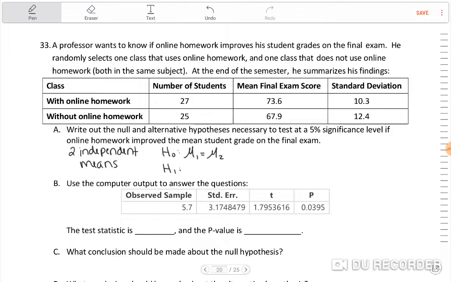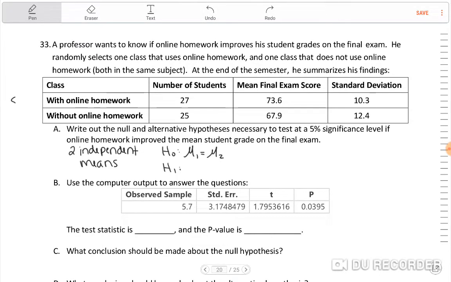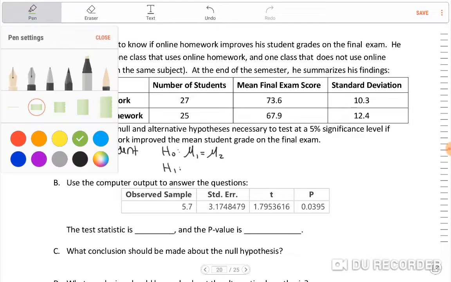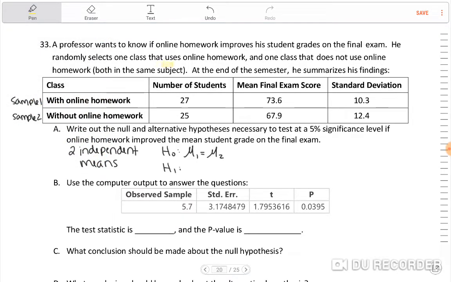So what did it say? Let's call online homework, well, maybe let's just call this sample 1. Sample 2, right? And so we want to know, what does it say? He wants to know if online homework improves the student grades on the final exam.